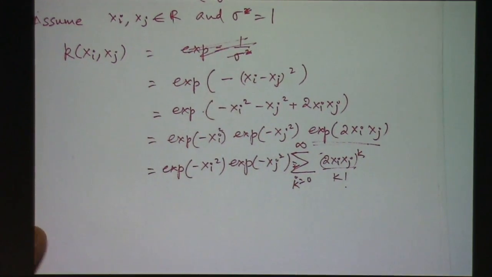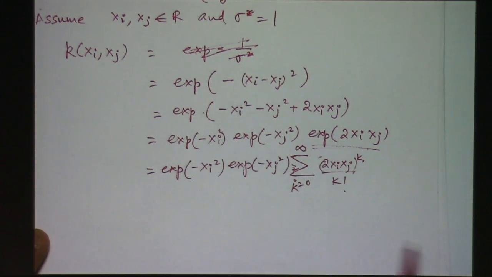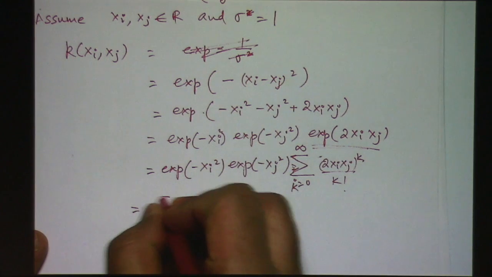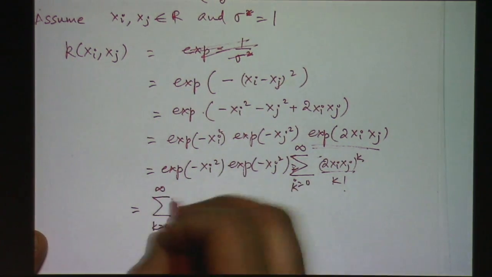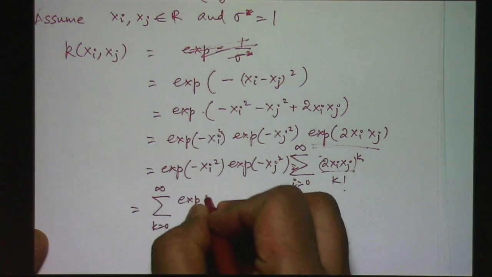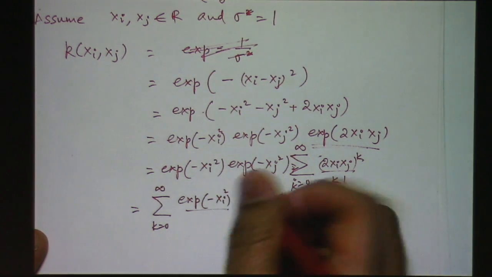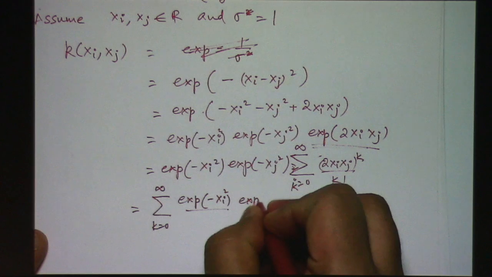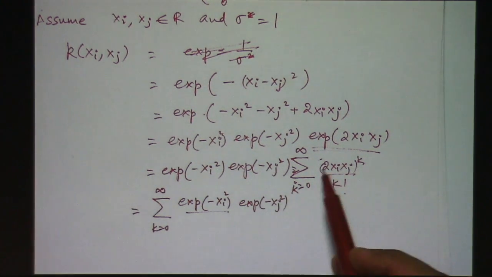And then I'm going to bring these inside, because they do not really depend on k, so they can be brought inside. And I'm going to split this. I'm going to say exp minus xi squared times exp minus xj squared, and I'm going to split the remaining term into two terms.